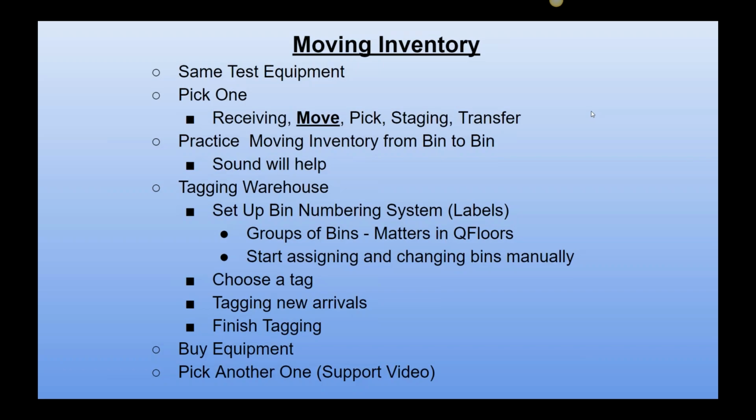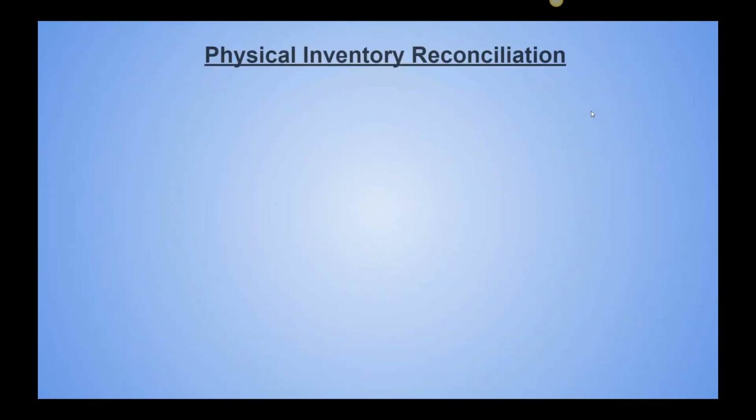Now we're going to move on to physical inventory reconciliation. You should know that there is a way to do inventory reconciliation without a barcode scanner. That's what I'm talking about right here.